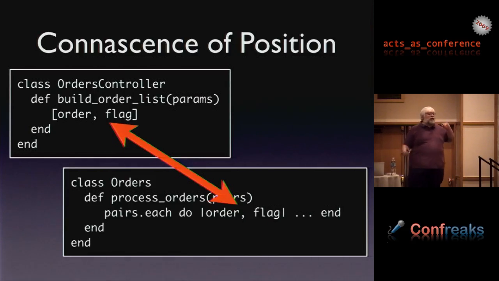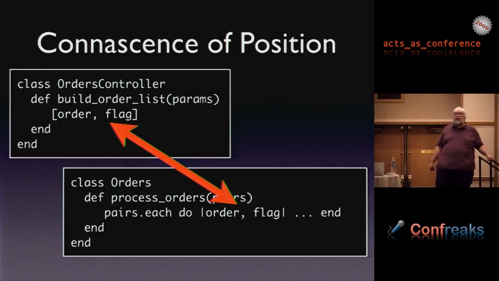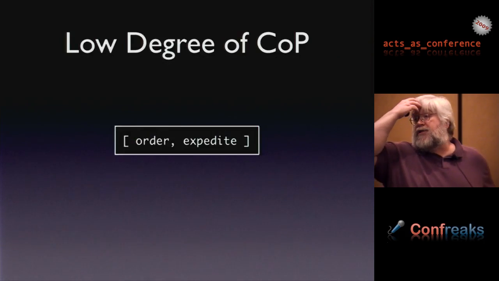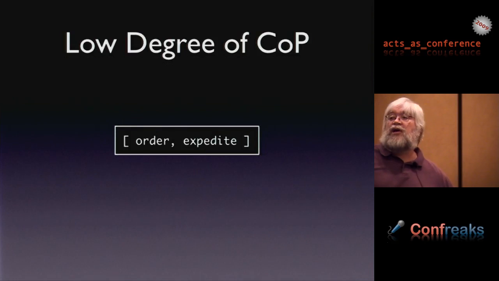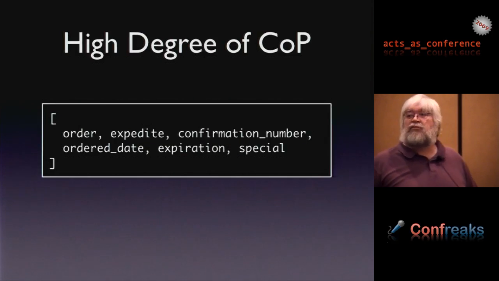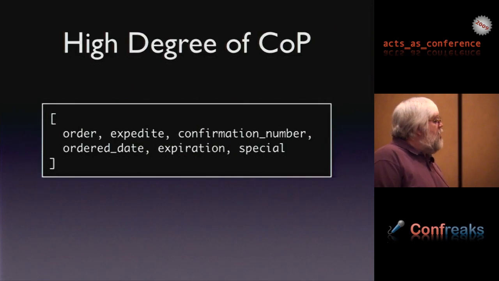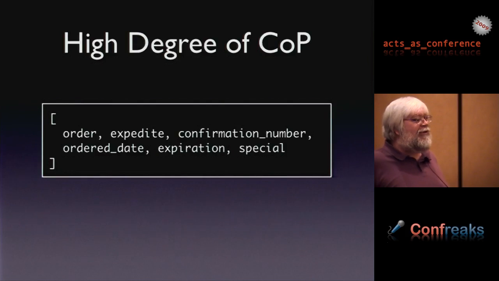Now, I was actually okay with this. Passing in a list of pairs seemed fairly easy, fairly low overhead, and I was quite happy with just doing that. But consider this. What if instead of having just 2 items, I had 6 items? Did anybody's gut just kind of go, ah?